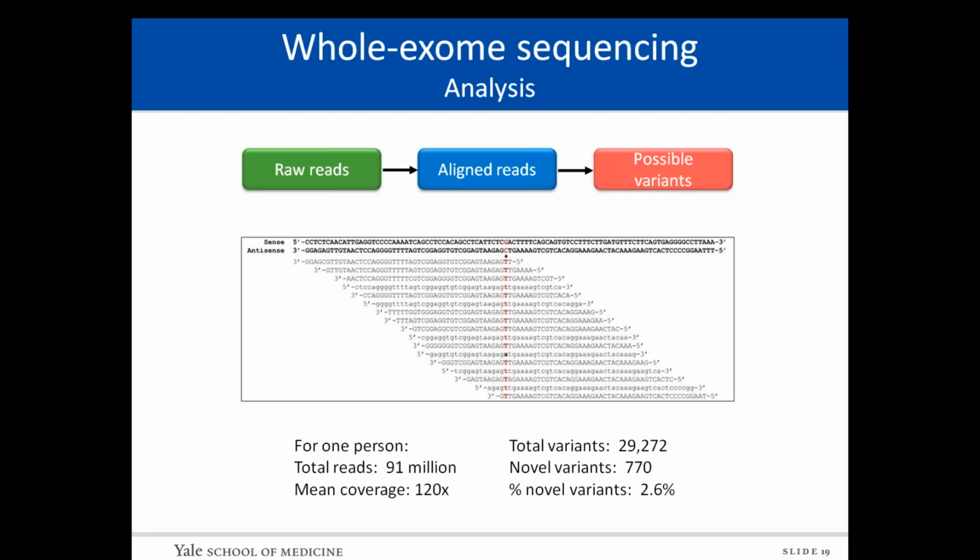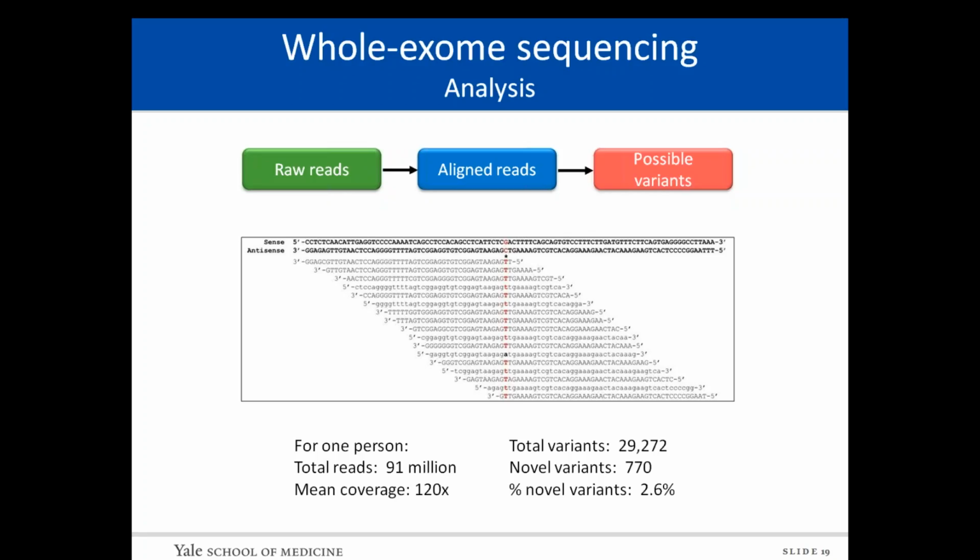If it is, that might give us a clue that that site is important for some reason if it's been conserved through evolution. We might look to see what that change does to a protein, whether it changes an amino acid or causes a premature stop codon, meaning truncating the protein prematurely.